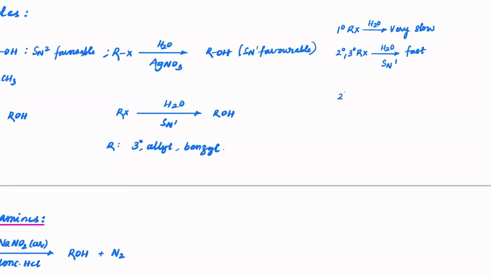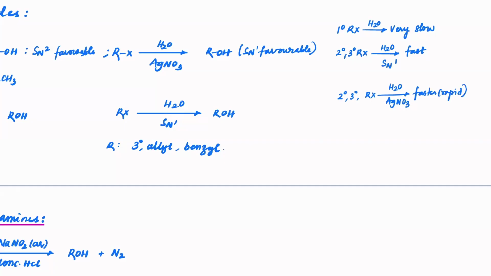And lastly, if you have 2 degree, 3 degree RX with H2O followed by AgNO3, this will become even faster, or rapid.